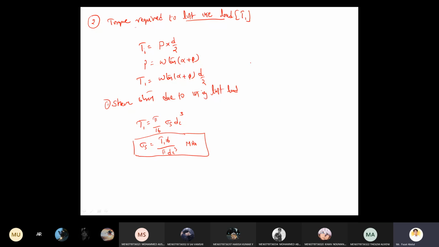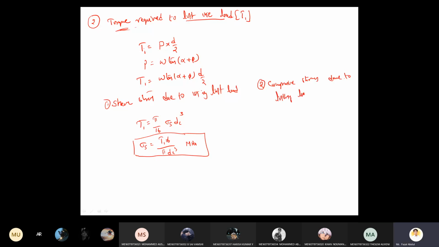Now in this second title, another subtitle, the second subtitle, is the compressive stress induced due to lifting the load.